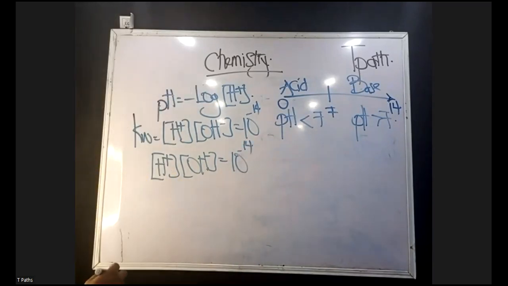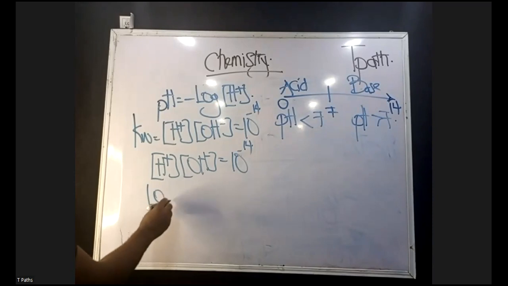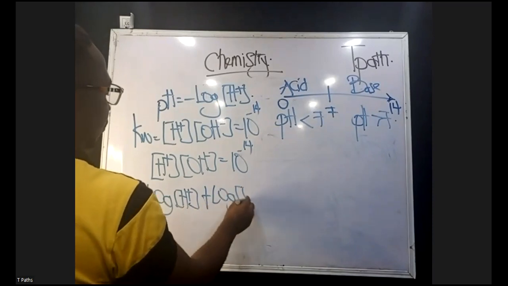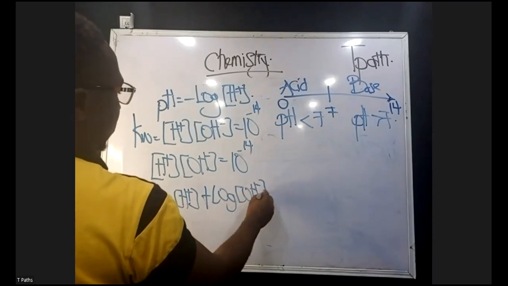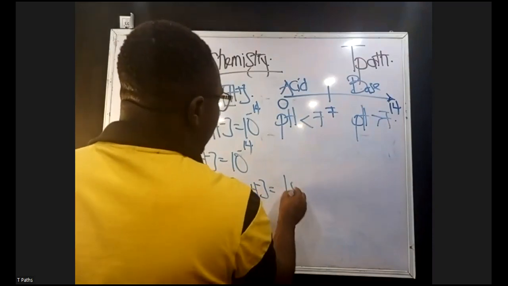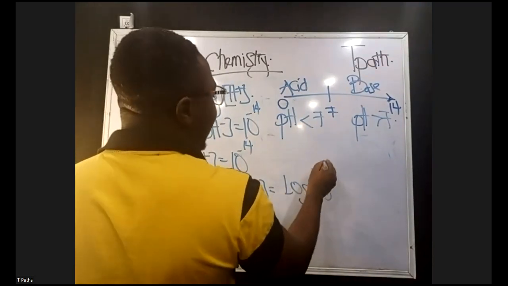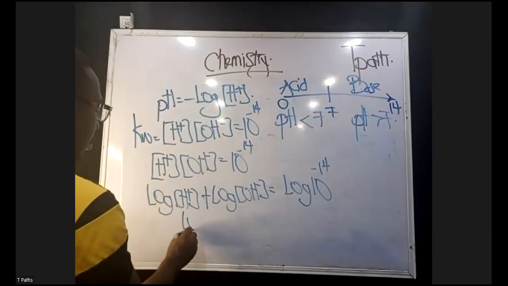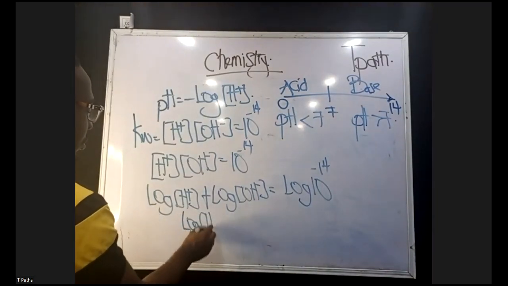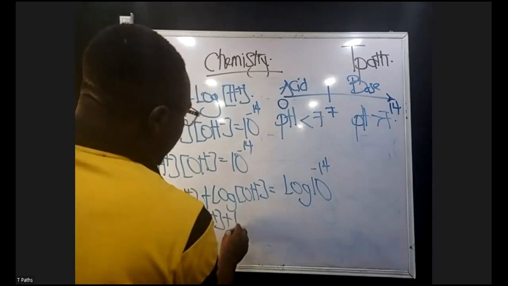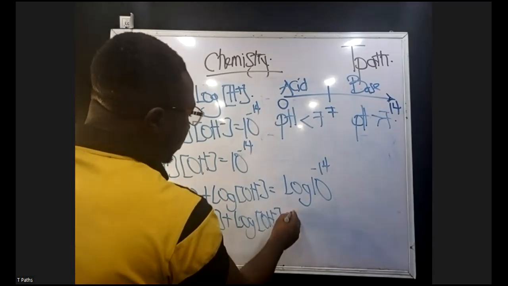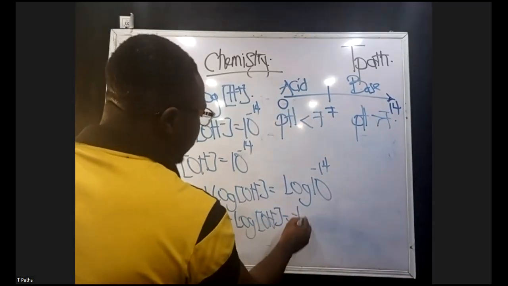That is log H+ plus log OH- is equal to log 10 raised to the power minus 14. Log 10 is 1. So log H+ plus log OH- is equal to minus 14.